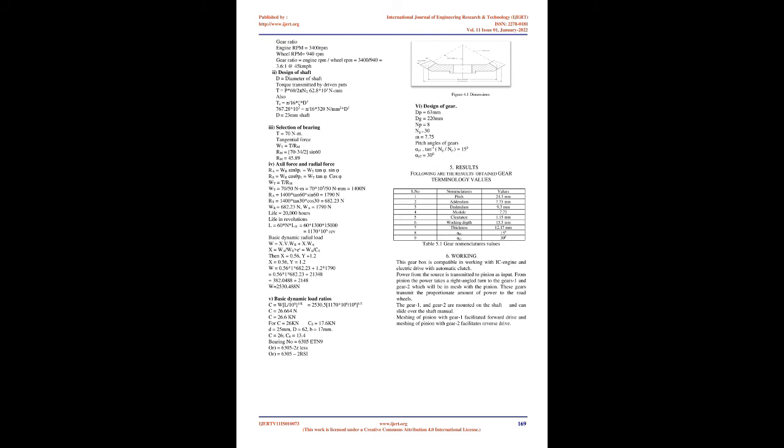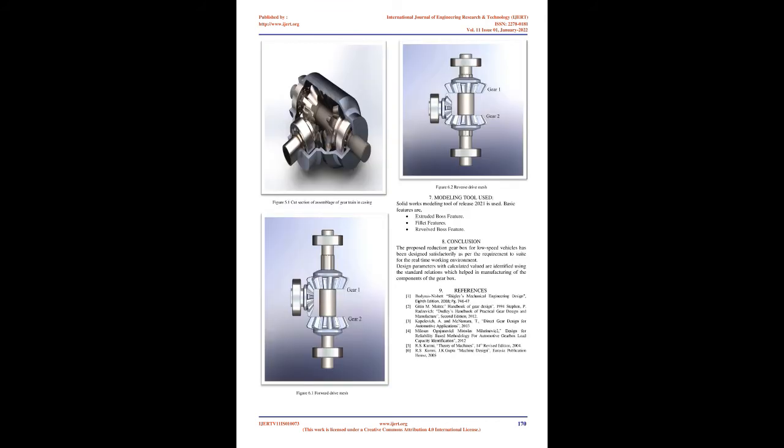W equals 0.56 *682.23 plus 1.2 *1790, equals 382.0488 plus 2148. W equals 2530.488 N.